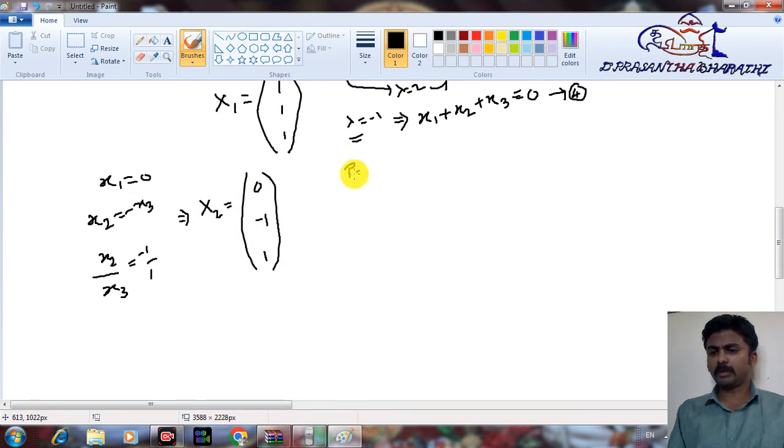Pairwise, P-A-I-R, pair-wise orthogonal transformation. Pairwise orthogonal transformation.